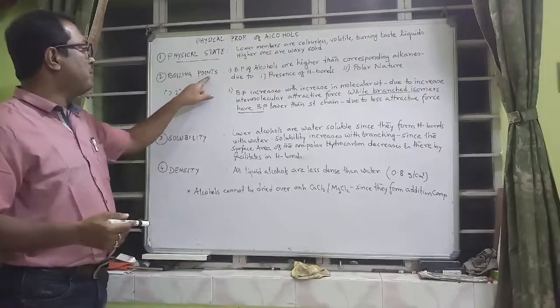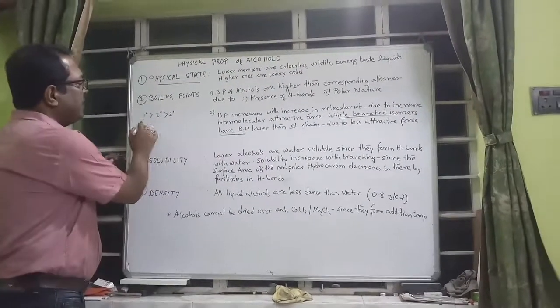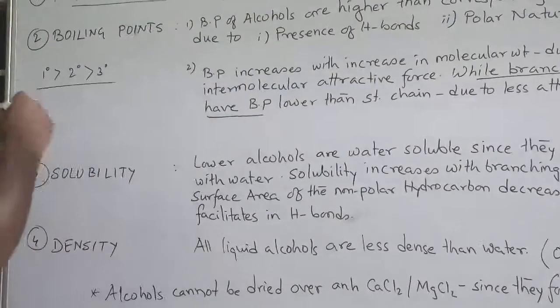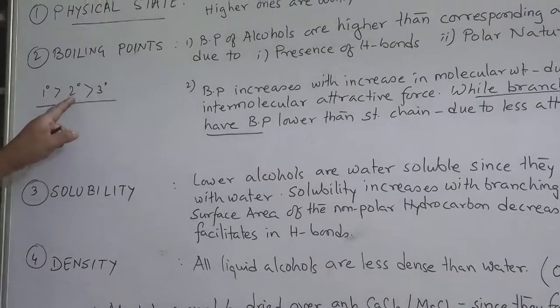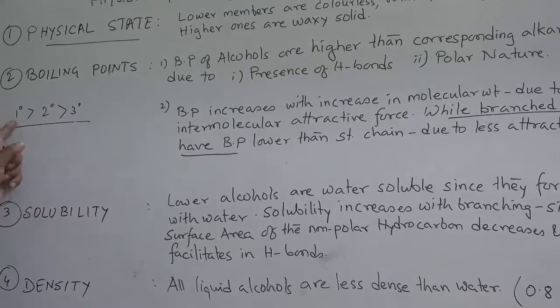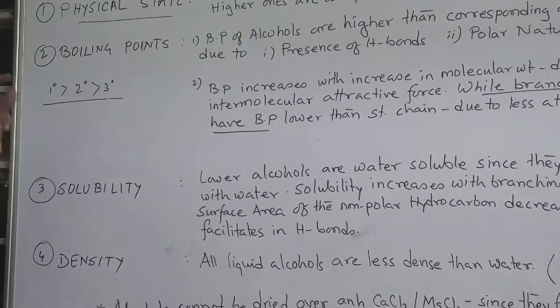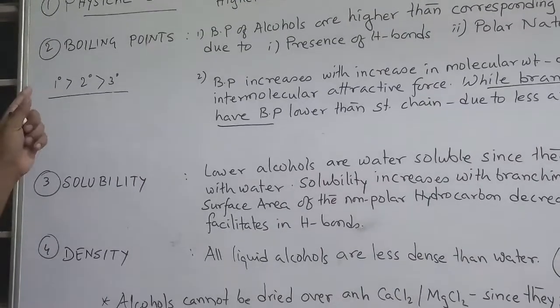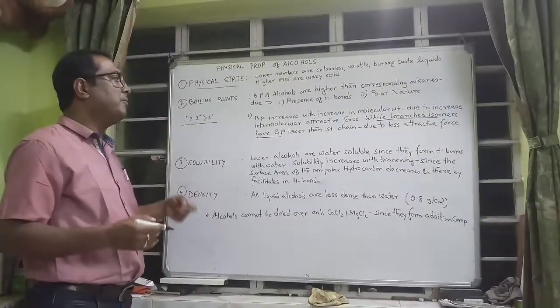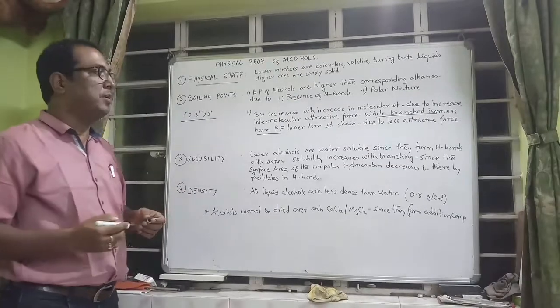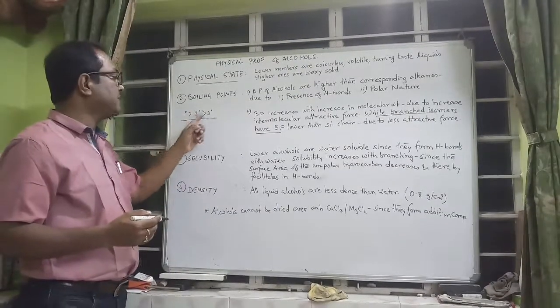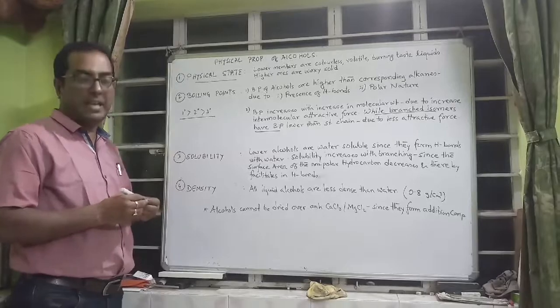While we go for the boiling points, remember primary alcohols have higher boiling points than the secondary and the tertiary. Why should primary alcohols have higher boiling points? It is because they can form more hydrogen bonds than the secondary and the tertiary. Thank you so much.